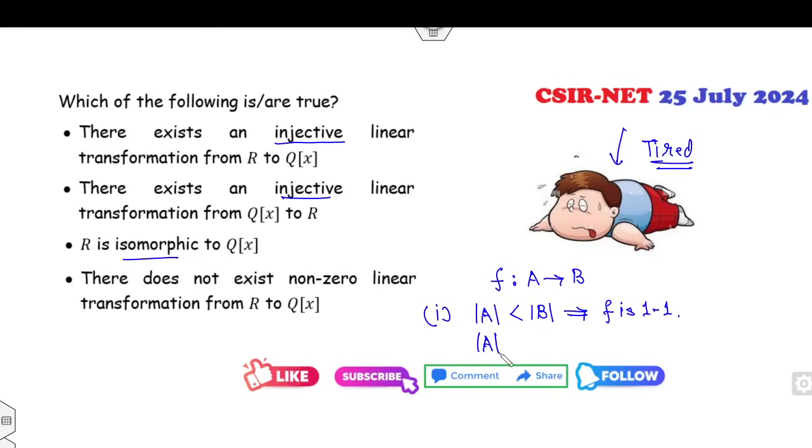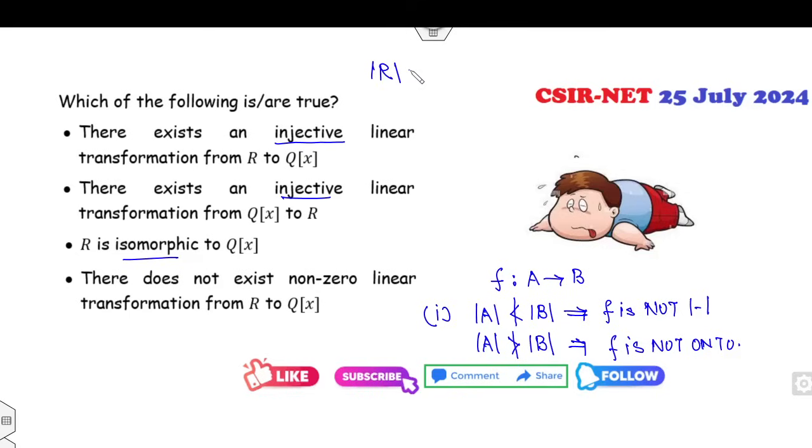On the other hand, if the cardinality of A is not less than the cardinality of B, then f is not 1-1. If the cardinality of B is not greater than that of A, that implies f is not onto. Now you can see how to solve this question. First of all, is A R.